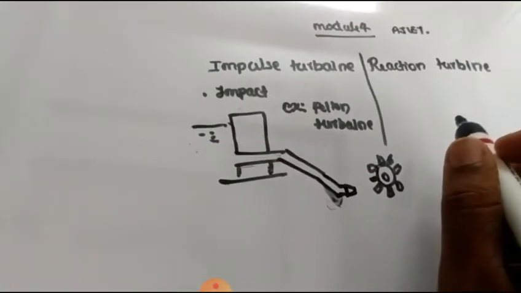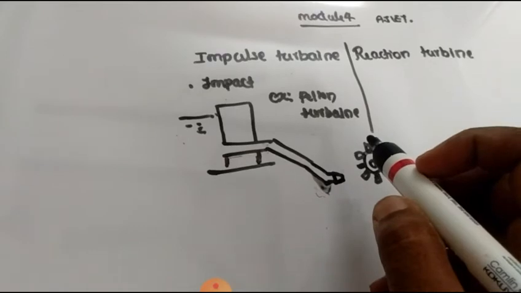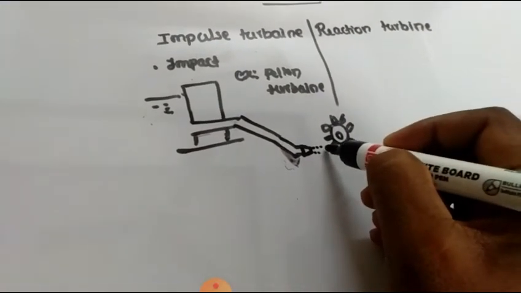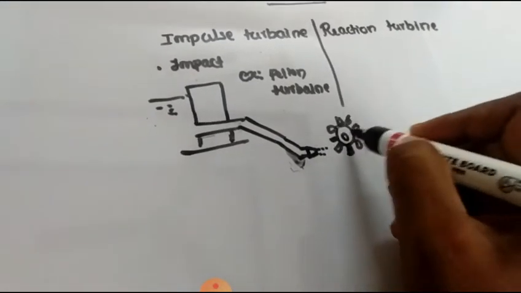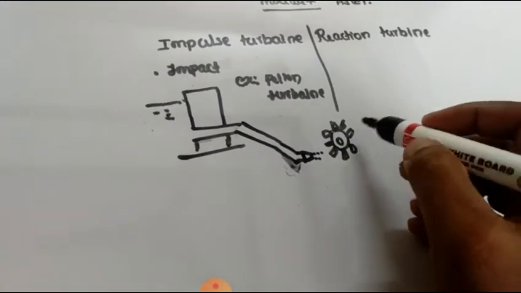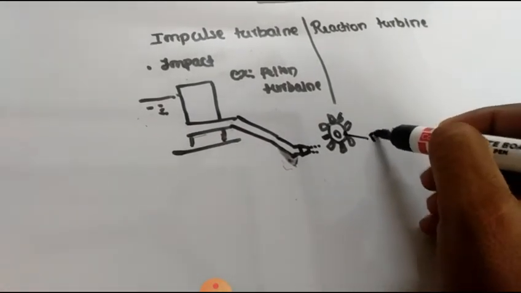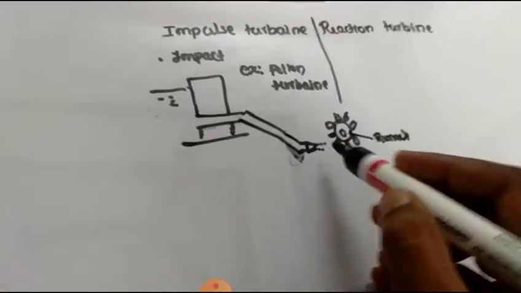The water is released from the pipe nozzle, strikes the bucket and it starts to rotate. This rotating part is called the runner.